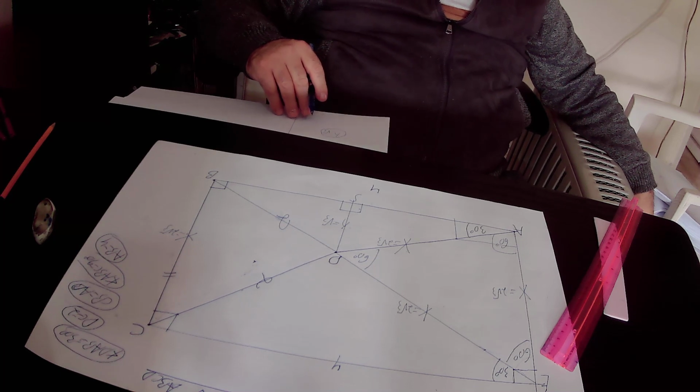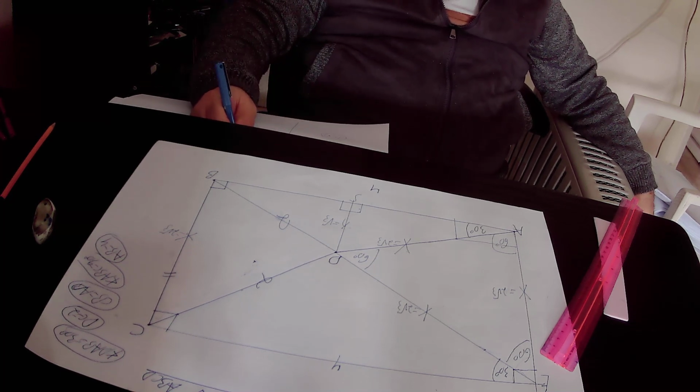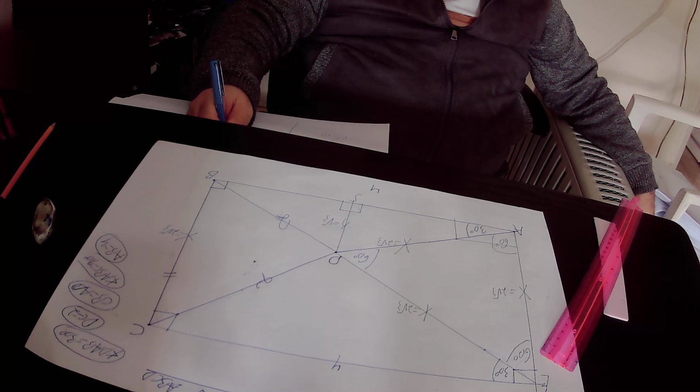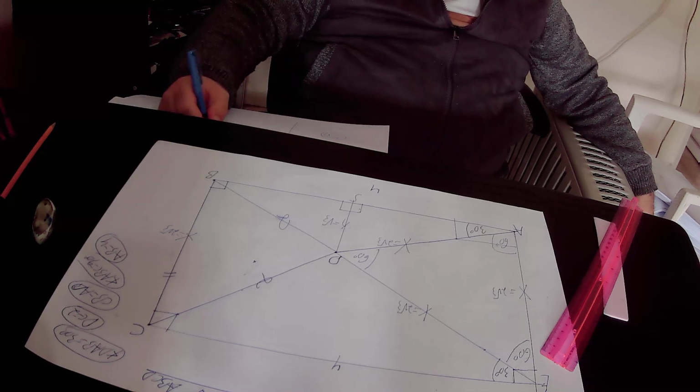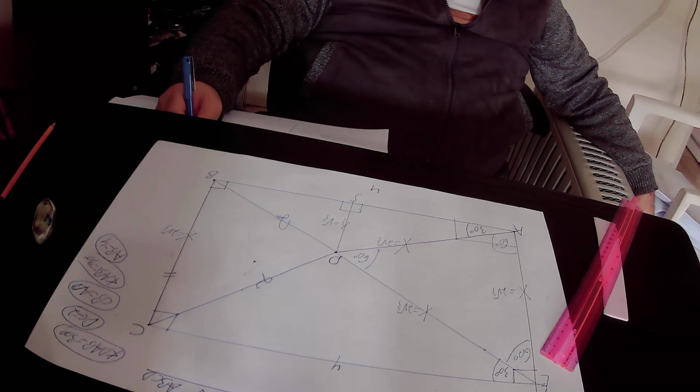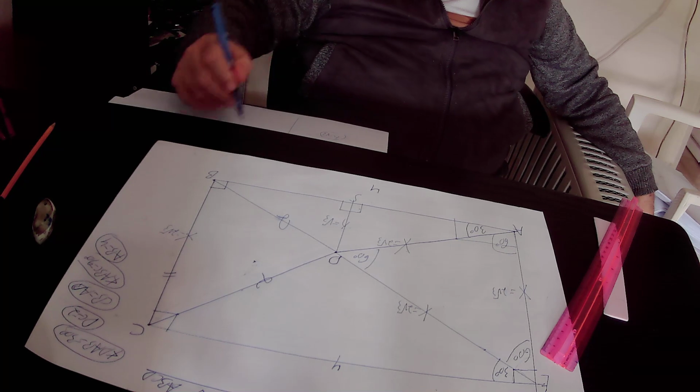The area of triangle ADB will be equal to the base of the triangle that is actually AB times the height that is H over 2.